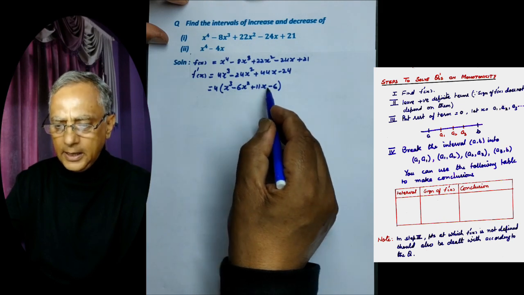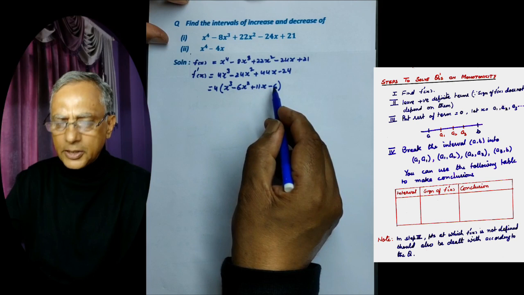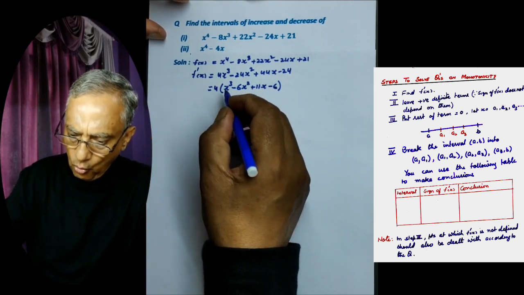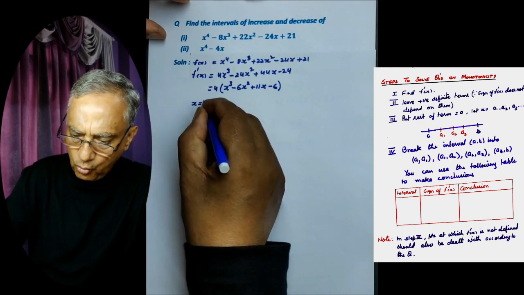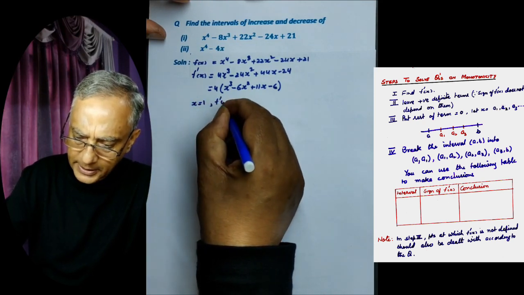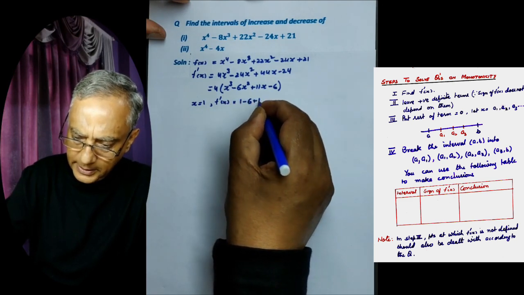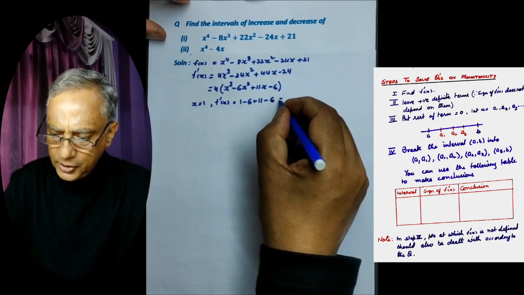This will give you another method of factorization. The traditional methods you already know. So what we do is at x equal to 1, f dash x is equal to 1 minus 6 plus 11 minus 6, that is 0.